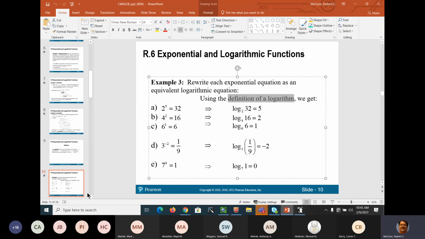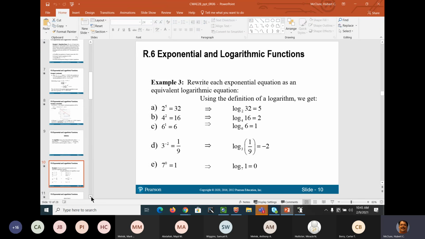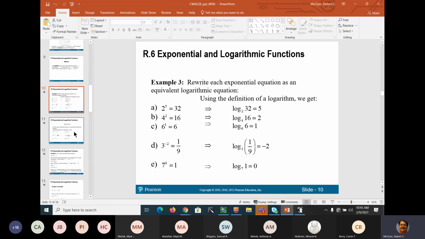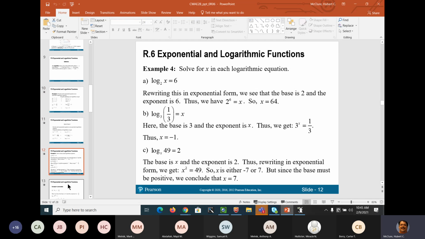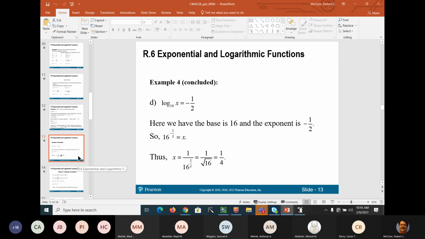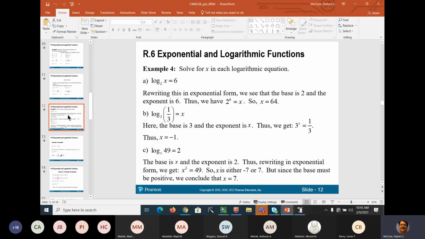Now we're going to change, let me get through all, let's see. We're going to change a logarithmic to a, hold on. They're still on, oh, let's see, are they? Okay, here's one.